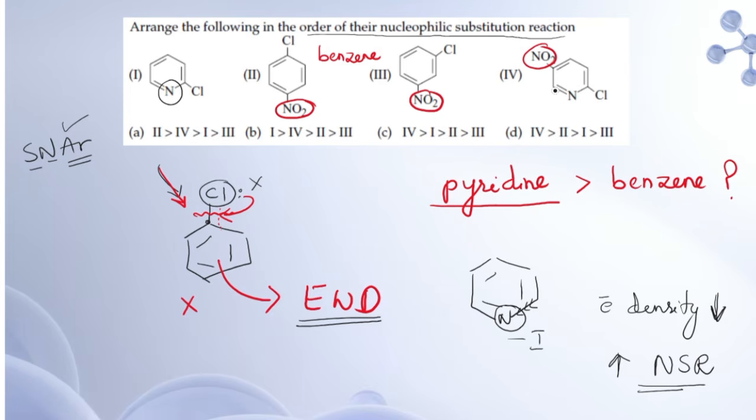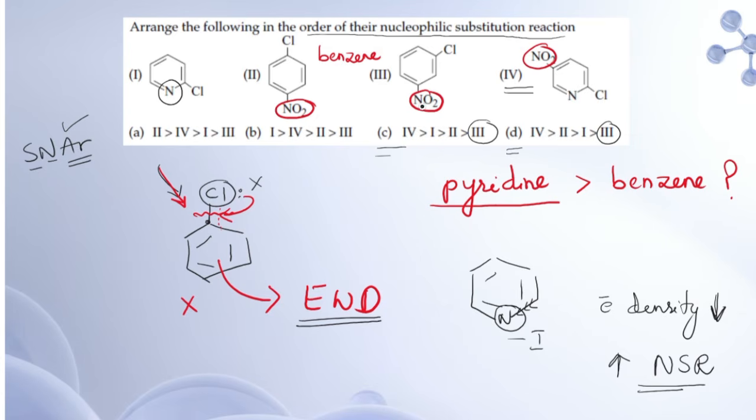Compare 1 and 4 now. There is a nitro group. That means it is still more increasing the order of reaction towards SNAr. Therefore, 4 should be the highest. Where do we have 4? Options C and D. And you can see in both cases 3 is the least. Why is 3 the least?